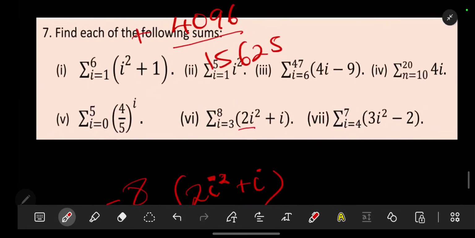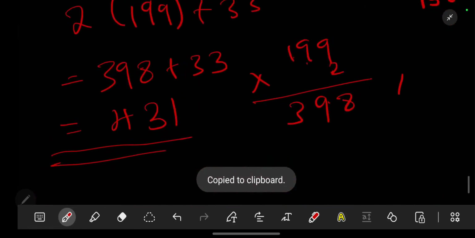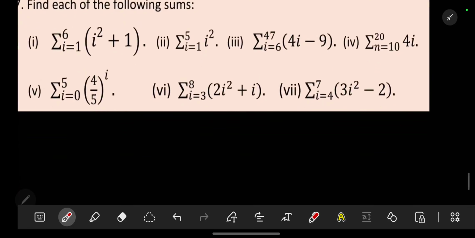Let's look at our last one. So same approach. Our last one is not different. So we have our 7, I is equal to 4, for the equation 3i squared minus 2.